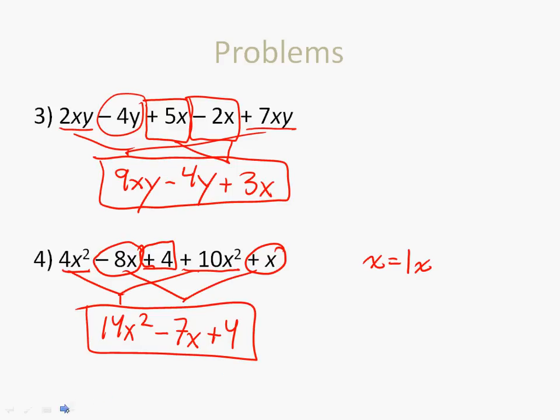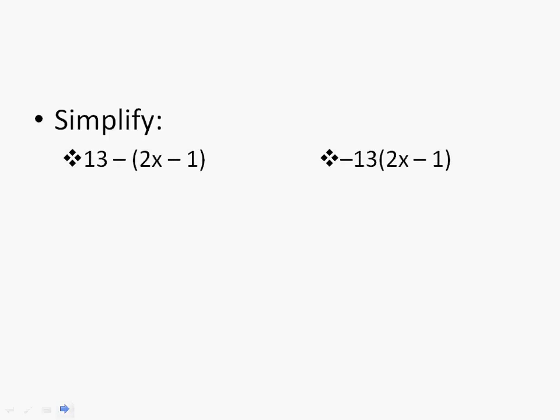Okay, finally, we're going to do 2 problems that look really similar, but are really different and really often confused. And again, we're going to go back to our little PEMDAS checklist. Okay, so left expression, parentheses, 2x minus 1, not like terms, done.